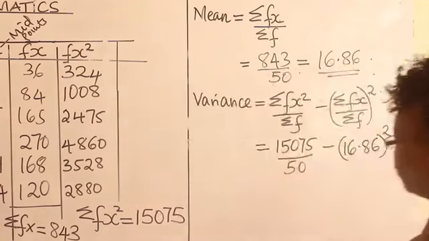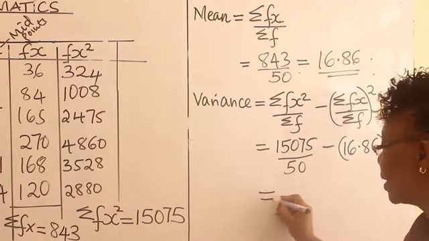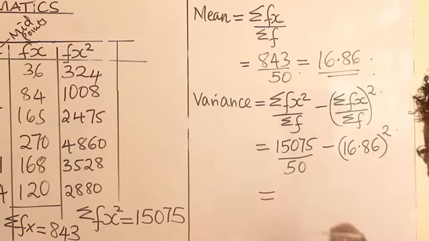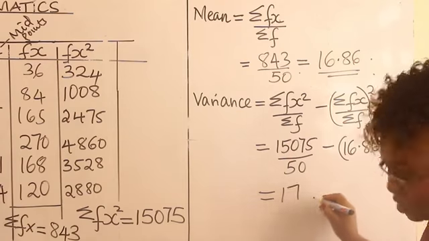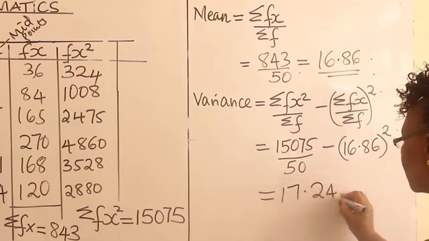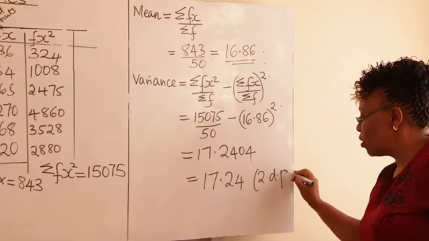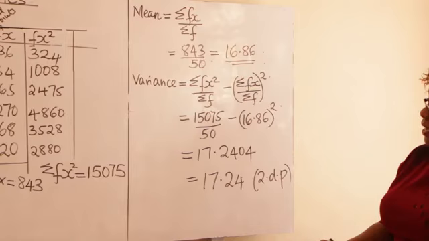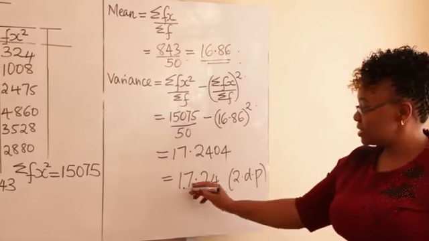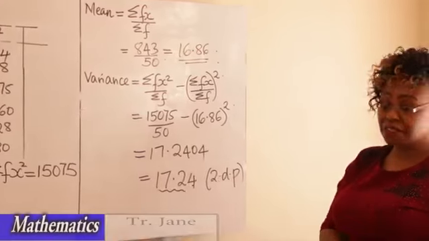Go and confirm. You should get 17.2404, and to the nearest two decimal places, that is 17.24. So, learner, this is our variance.